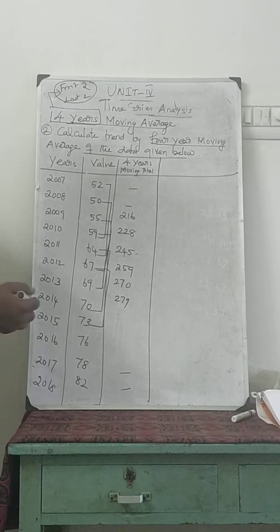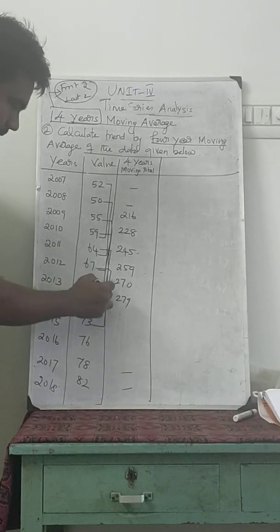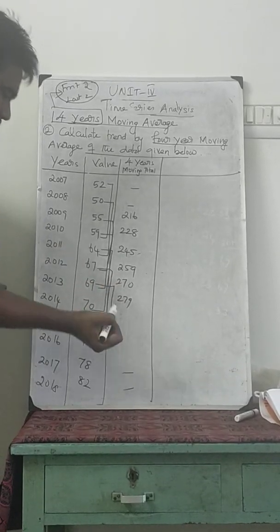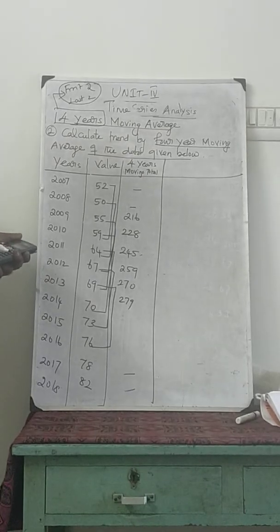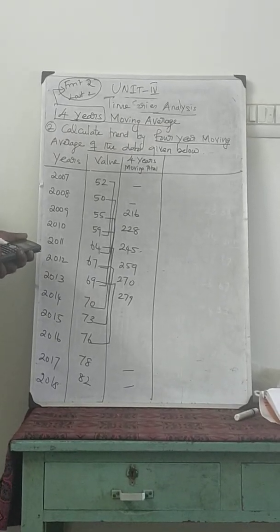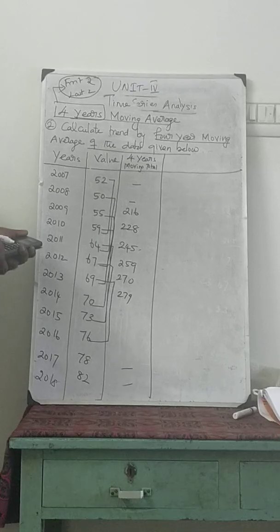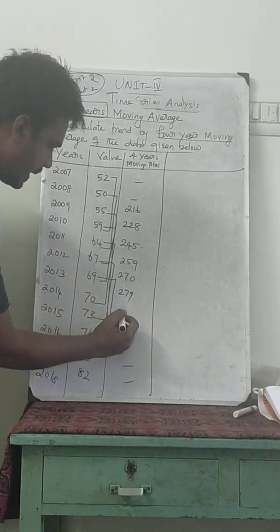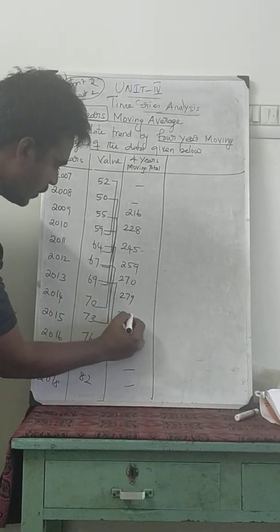Okay. The next one: you have to forget this 67. In the next 4 years, 69 plus 70 plus 73 plus 76 is 288, in between these values.